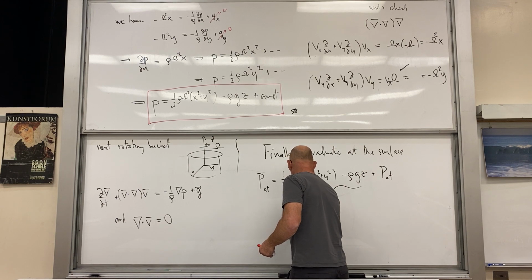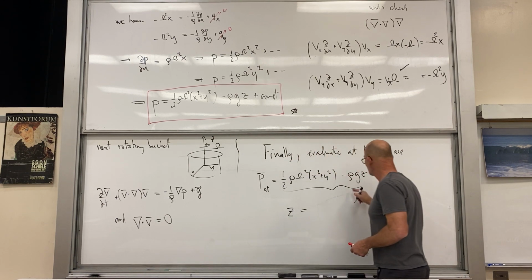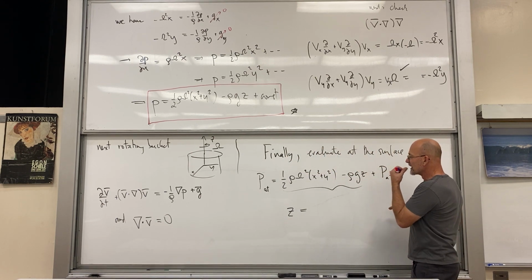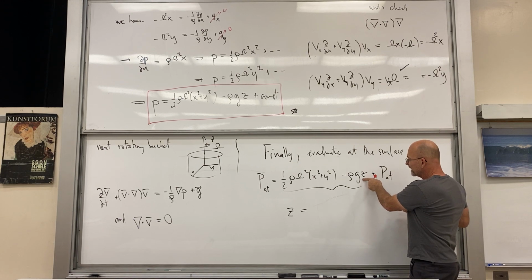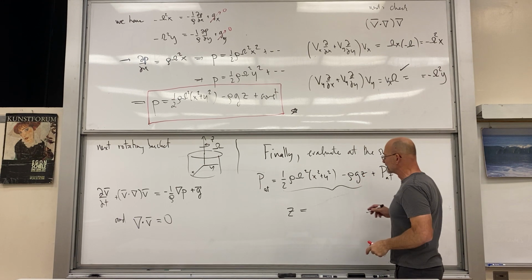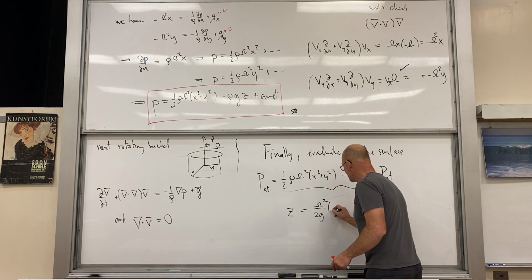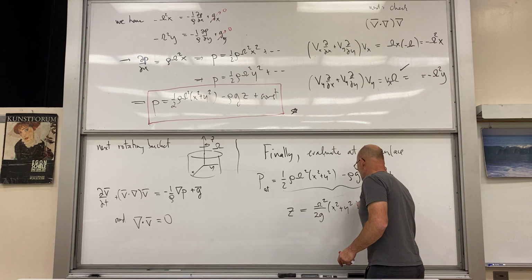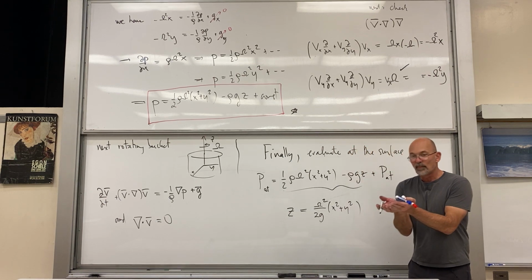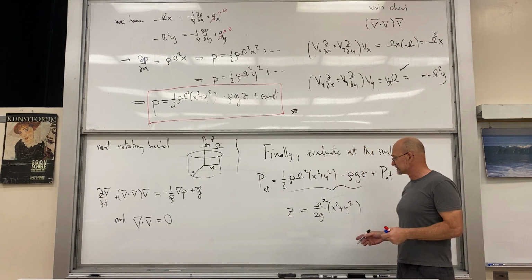So z is equal to, and you can see now the g will be in there, the density will cancel, so we'll have omega squared over 2g times x squared plus y squared. That means we have a paraboloid shape.